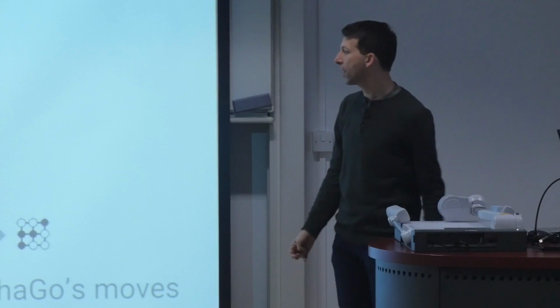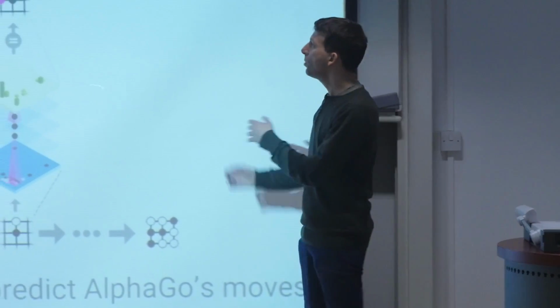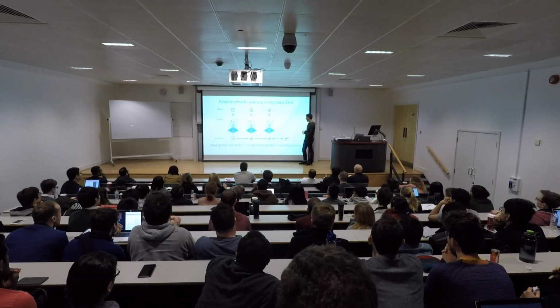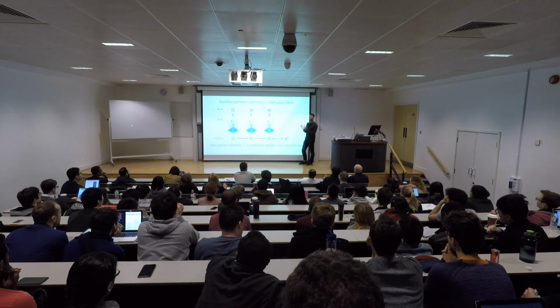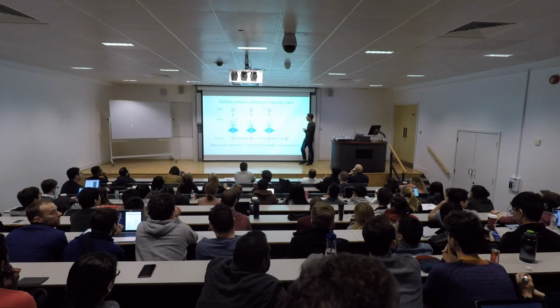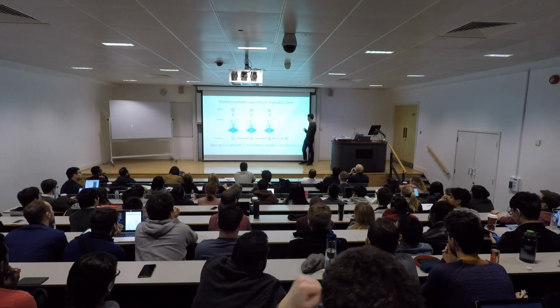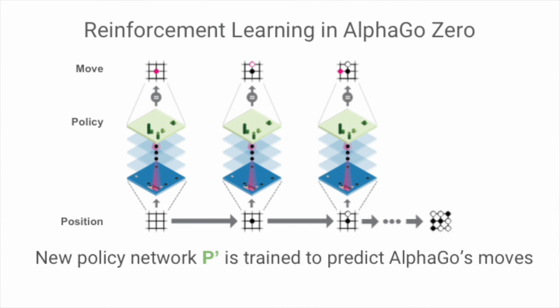And then what we're going to do is use those games that we've generated to train our neural networks to do better. First of all, we're going to train our policy network to predict the move that was played by the search. What did AlphaZero actually do in that search? Well, in this position we ran our policy network, and that policy network picked some move.